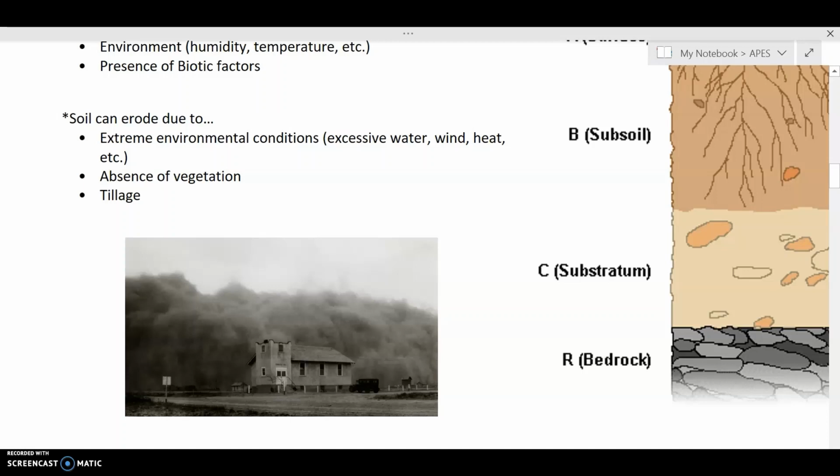Another thing that can cause soil erosion is the absence of vegetation, because the roots of the vegetation end up locking that soil in, and it prevents it from washing away. One way you can get rid of that vegetation is tillage, because you rip up the roots from the soil as you're turning the dirt, and this can also lead to soil erosion.